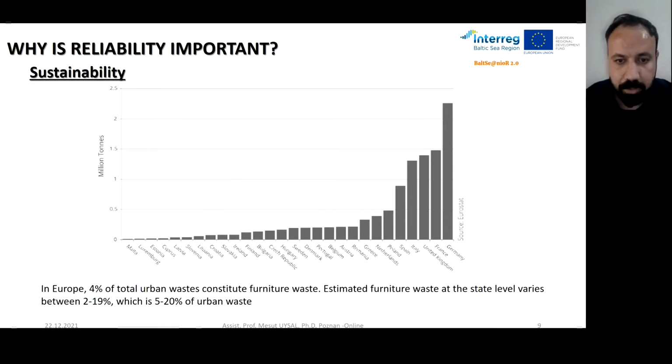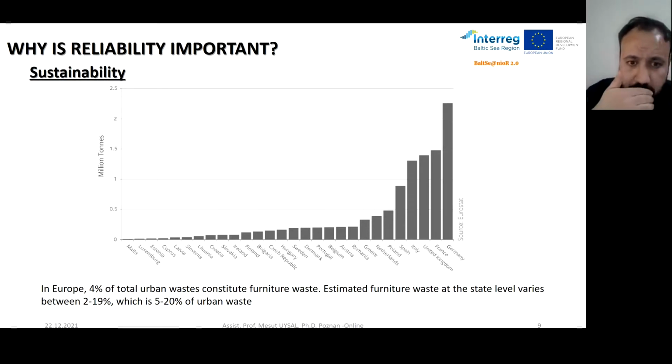And here I have a graph. In Europe, 4% of the total urban waste is furniture waste. It's inevitable; every time we will have waste. Estimated furniture waste at the state level varies between 2 and 19%, which is 5 to 20% of the urban waste.